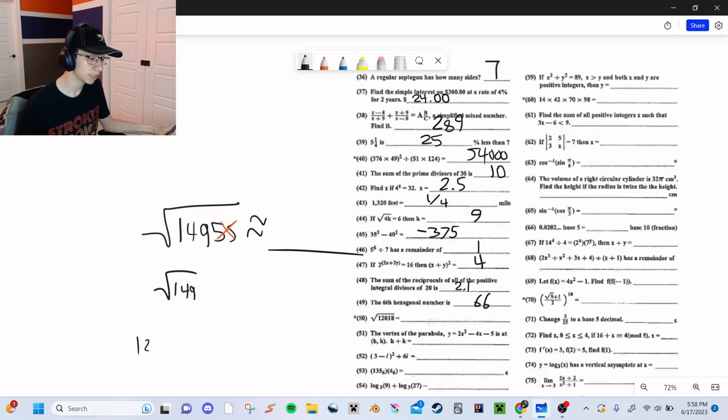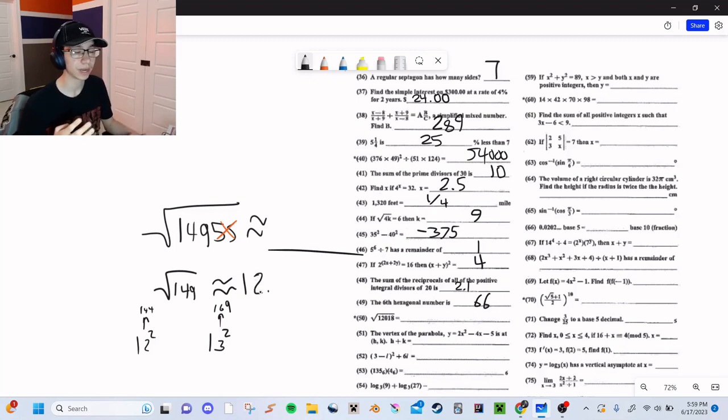Well, again, it's between 12 squared and 13 squared, which are 144 and 169. It's closer to the 12. I'd say this is about 12. If I go one step further and try to estimate what that digit beyond the decimal point is, I think just how close is it to 144?